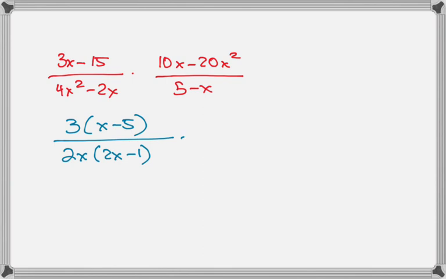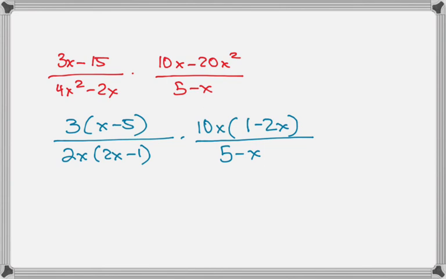Times, what is the GCF of the top, which is 10x, and you get 1 minus 2x, right? Over 5 minus x. Now I have factored everything.